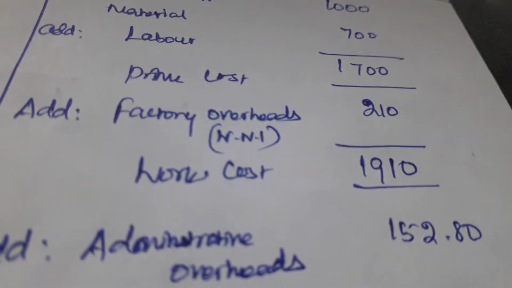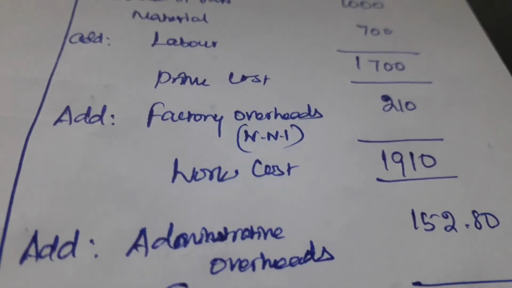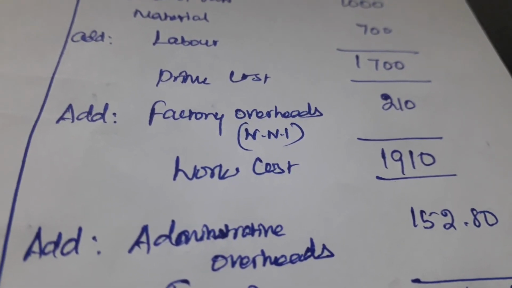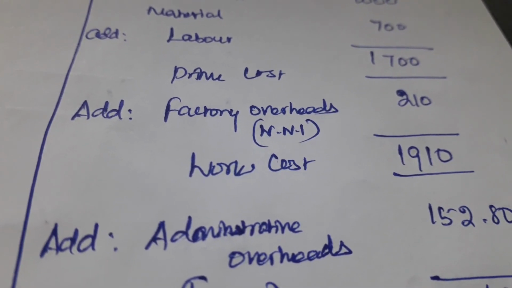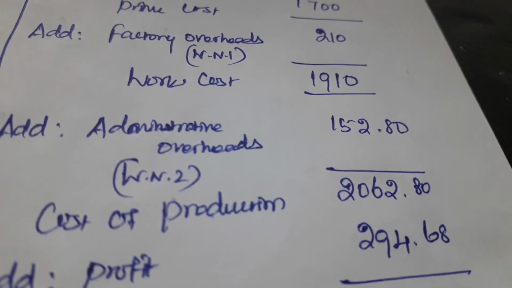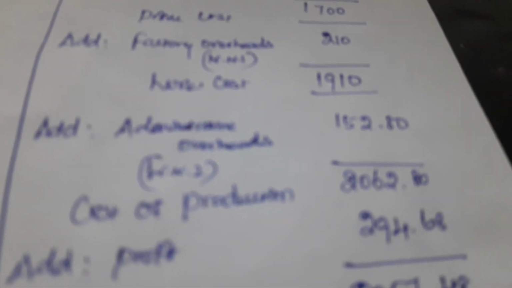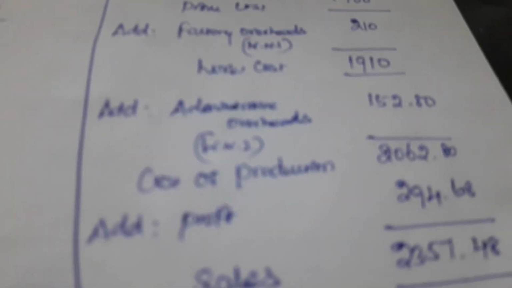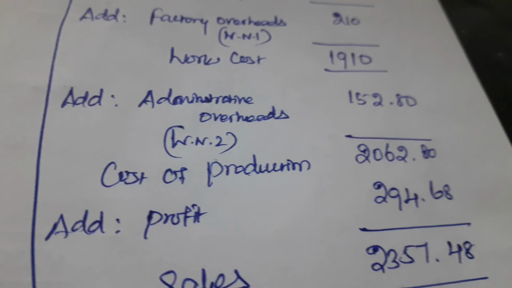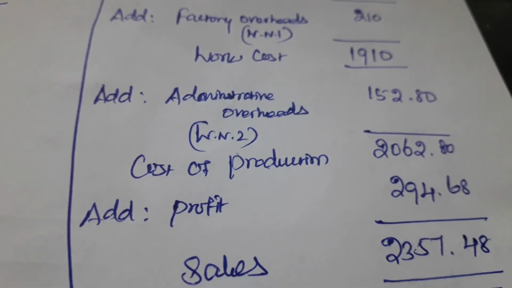Here the work cost is 1,910. If we calculate 8% of 1,910, we get 152.80. If we add both the administrative overhead and work cost, we get the cost of production as 2,062.80.